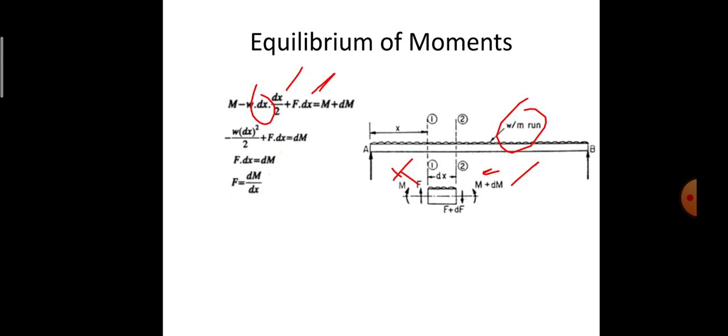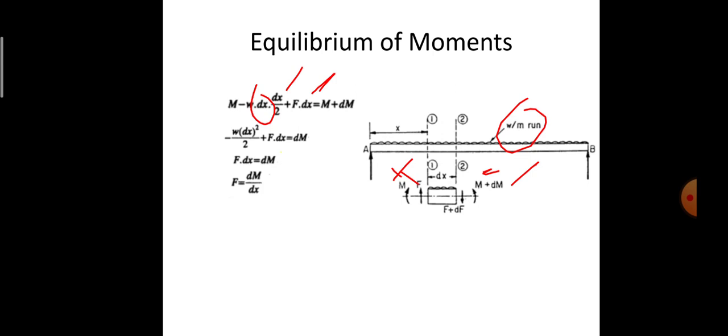Or we can also state that the rate of change of bending moment is equal to the shear force at the given section. So we can straight away say that the differentiation of bending moment with reference to the distance gives the shear force, and differentiation of shear force with reference to the given length gives the load.